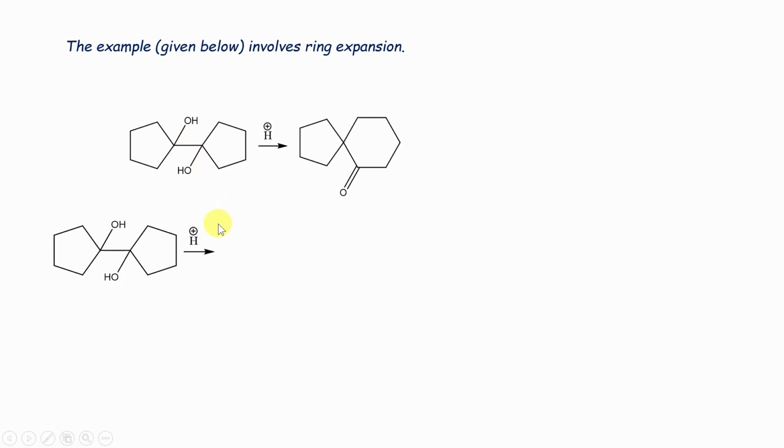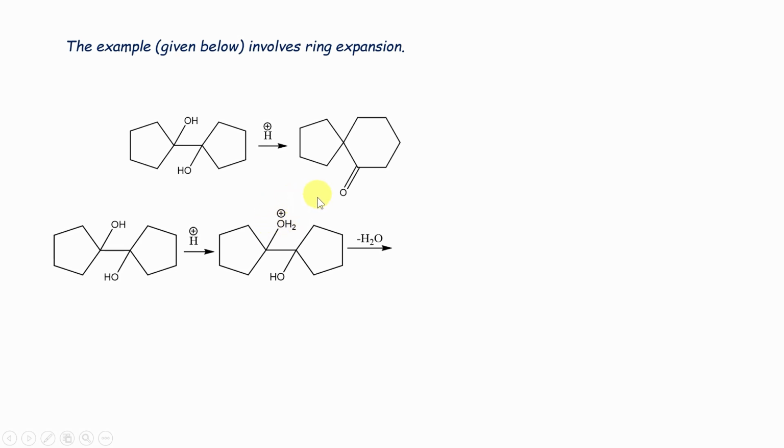The mechanism involves first the attack of a proton from the acid on the hydroxy group, either of the hydroxy groups, because it is a symmetrical pinacol, forming a protonated pinacol.